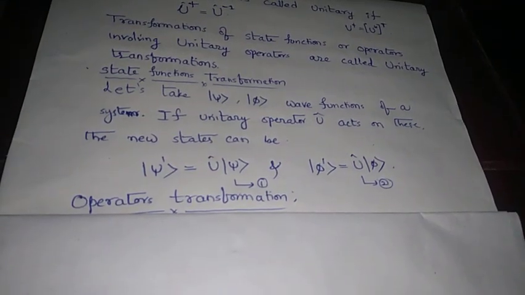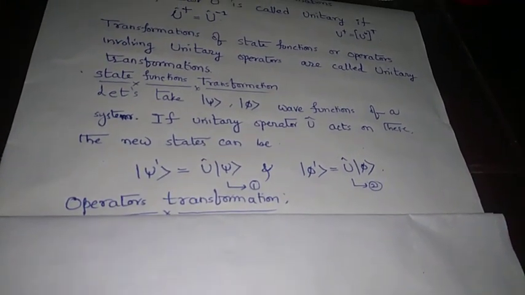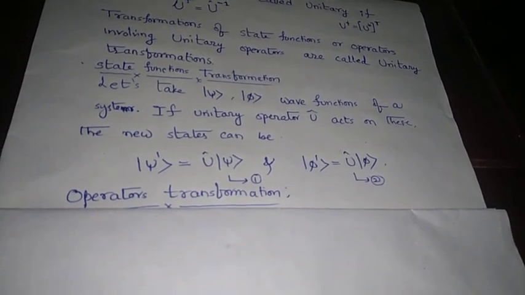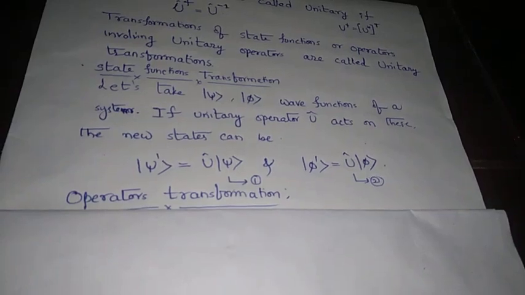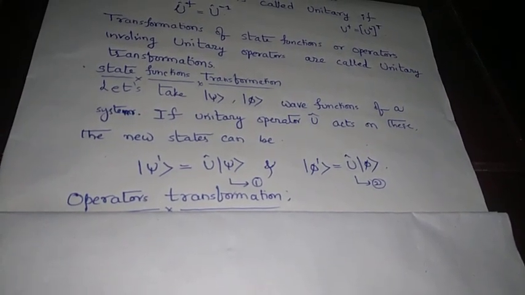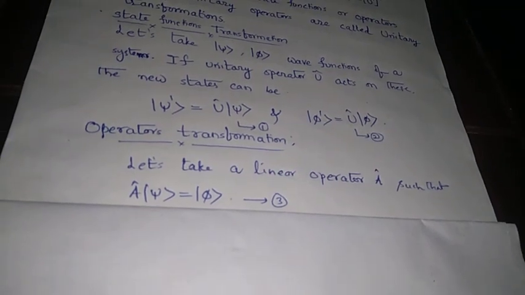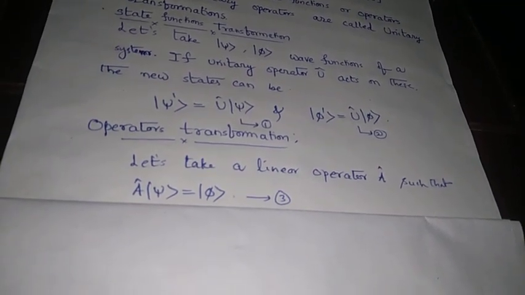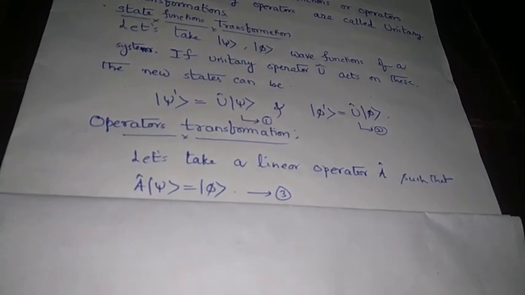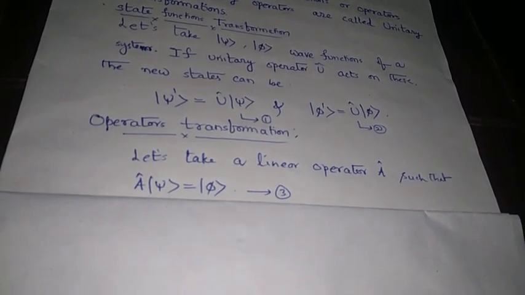And now we try to understand how the operators will be transformed by the action of unitary operators. Let us take a linear operator A such that if it acts on psi, it gives you phi, as equation number 3.